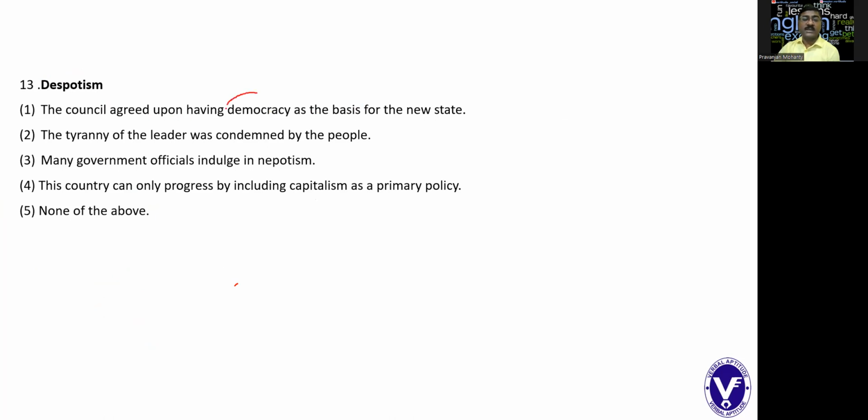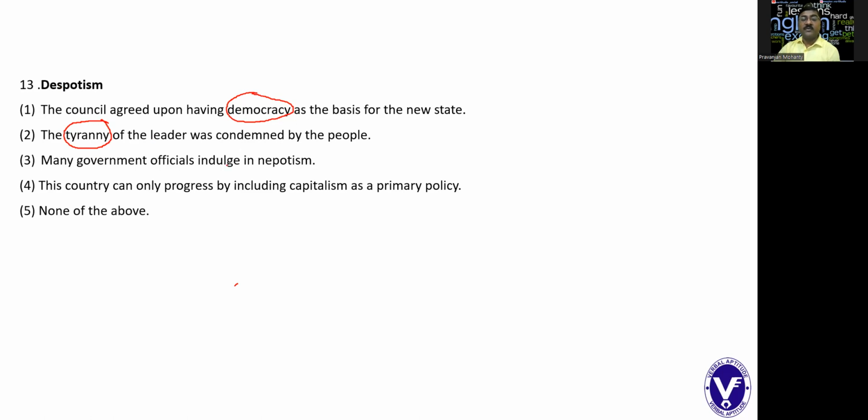So having democracy and dictatorship don't go together. So that's why this cannot be our answer. The tyranny of the leader was condemned by the people. Now it says tyranny, and I said tyrant. Tyrant means a dictator, one who commits a lot of atrocities on the people is a tyrant. So the tyranny of the leader was condemned by the people. So this seems to be matching with the word despot.